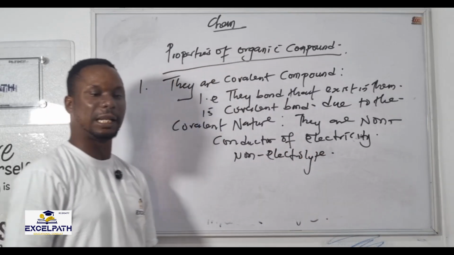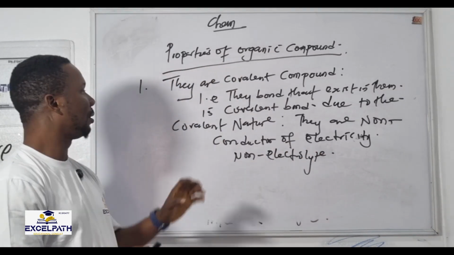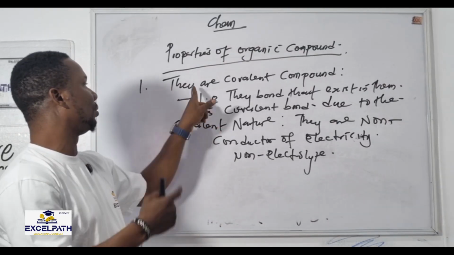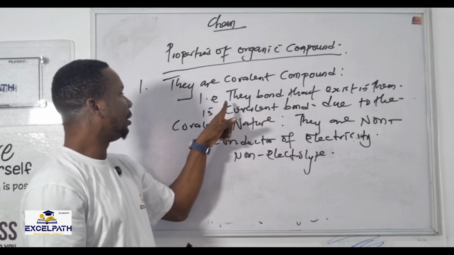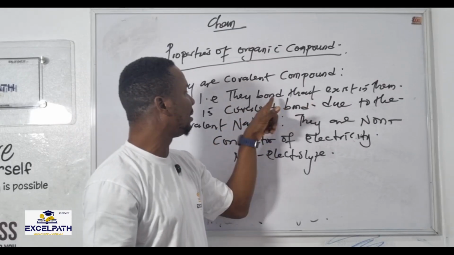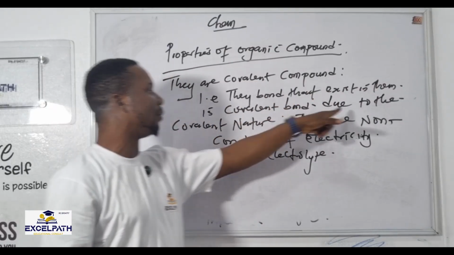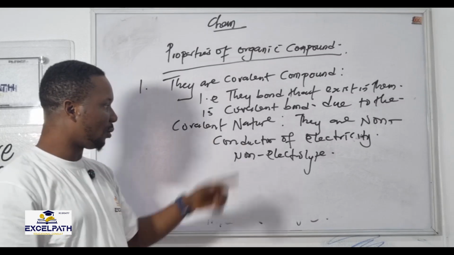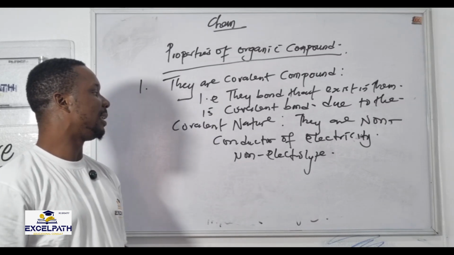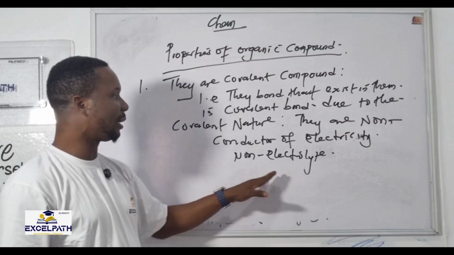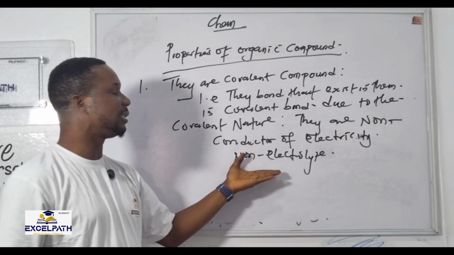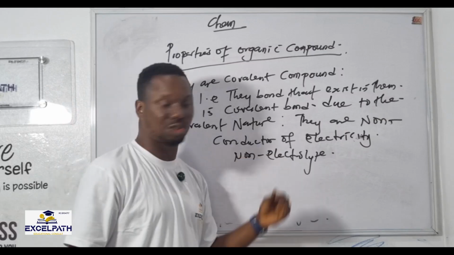They cannot conduct electricity because they don't have unlike charges of electrons. So they are covalent compounds, the bonds that exist in them are covalent bonds, and due to that nature they are non-conductors of electricity and non-electrolytes. Non-electrolyte means they cannot conduct electricity in molten state or in solution.